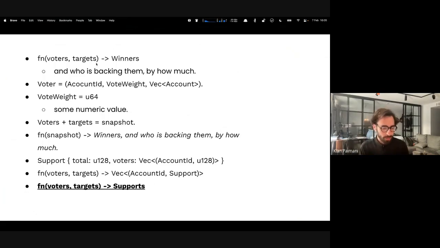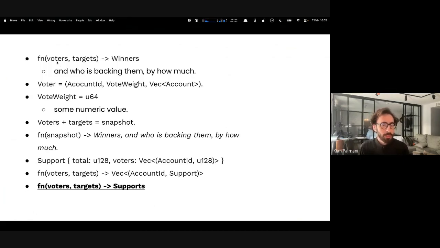That's the generic definition you would expect from an election. You have some people who vote, there are some candidates which we refer to as targets, and some of those candidates will be elected as winners. We care about the winners and who ended up backing which winner as well. We'll get to more details of this.